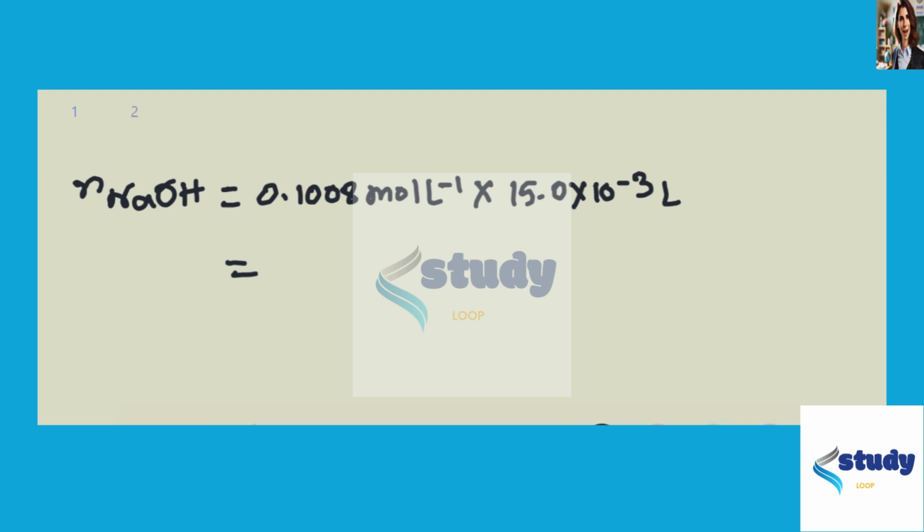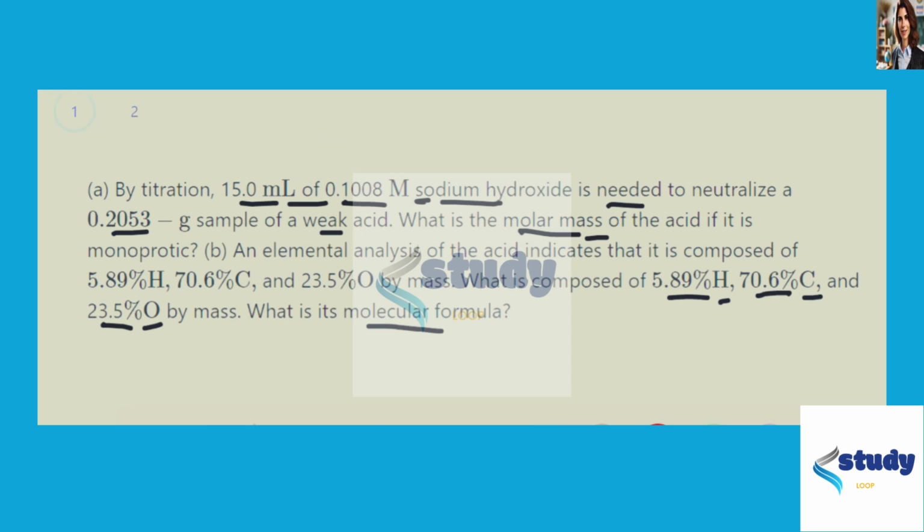And this will give us a value of 1.51 times 10 to the power minus 3 mole. So this is the number of mole of sodium hydroxide which is used for the neutralization of the acid.